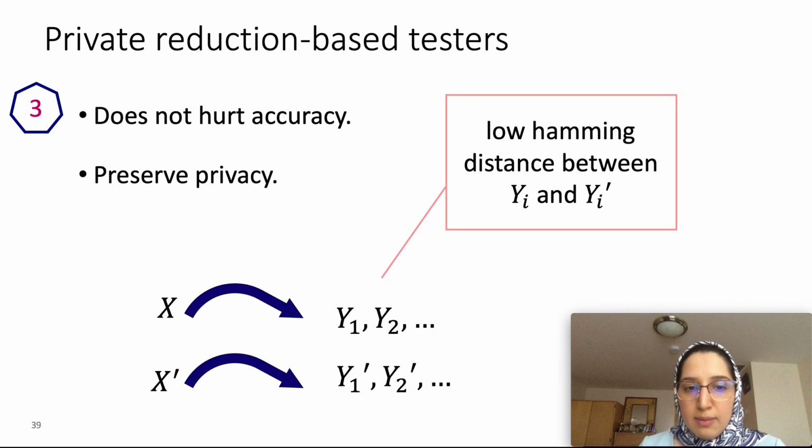In the mapping part, we need to show that there is a coupling. If we map x's to the y_i's, we need to show that for every two neighboring data sets x and x prime, there is a coupling between the y_i's such that the distance between the y_i's remains constant, and then we can show that the algorithm stays private.